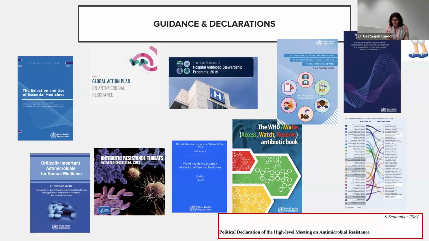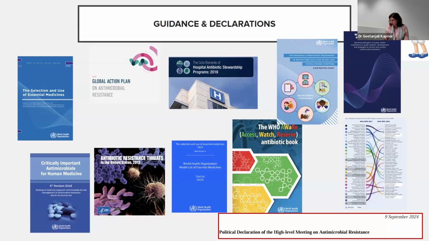So again, essential stuff, not necessarily for you to be from the medical fraternity, but in general, as an AMR champion, an AMR stakeholder, it's good to be aware and abreast of main things and key takeaways from each of these documents.